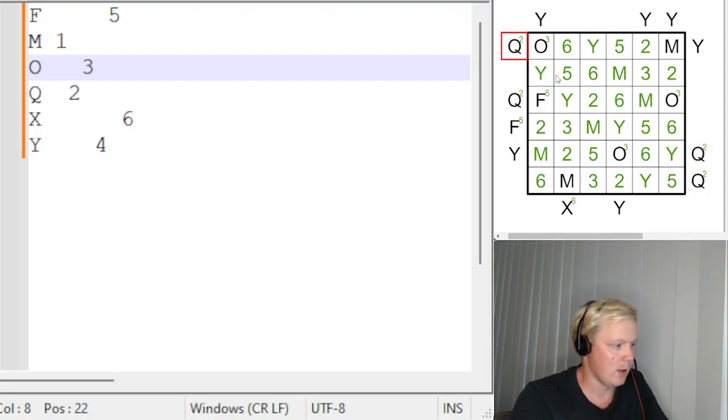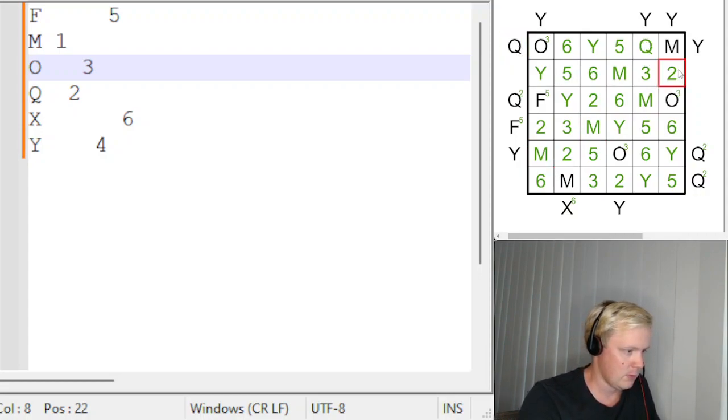Then we have Q's are 2s. F's are 5s. X's are 6s.